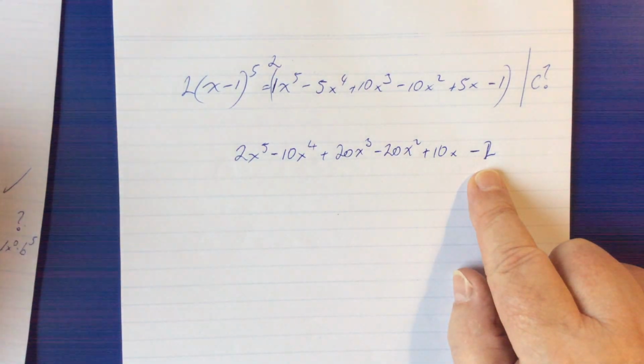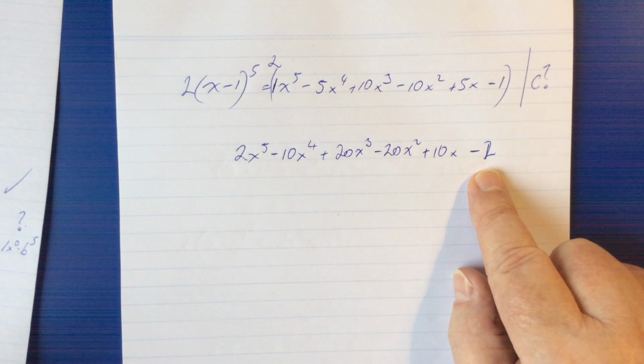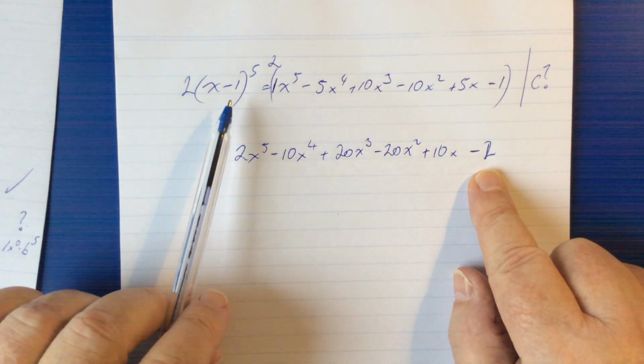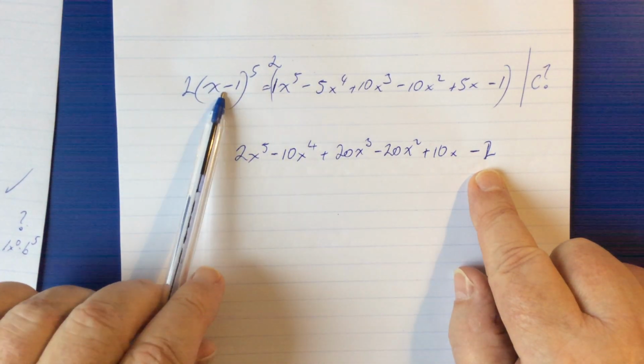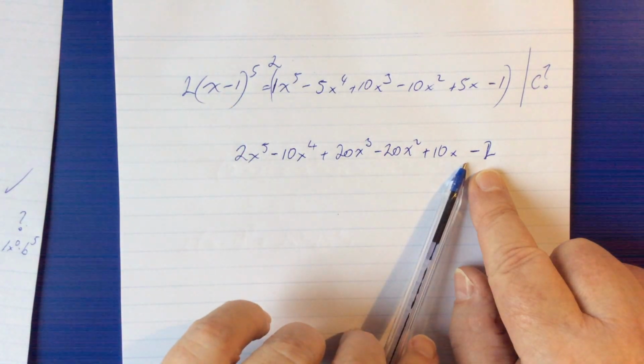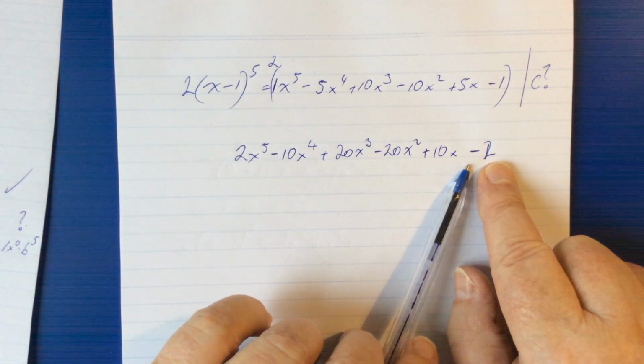Now, in the order of things that we do, when we deal with an expansion, first of all we would deal with this, then we would multiply through by 2, and we get to this.